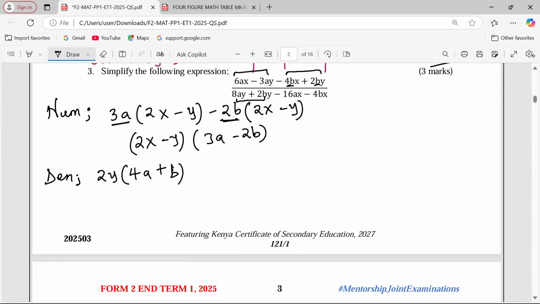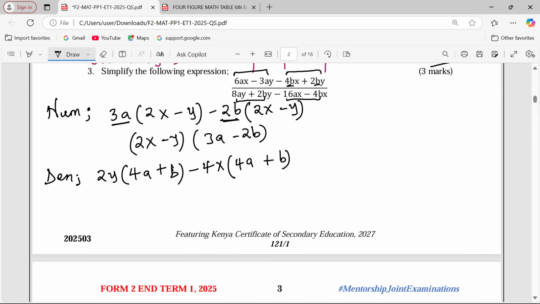Then in the second bracket, what is common? It's going to be negative 4x. Then from the first term, we shall remain with 4a plus b.